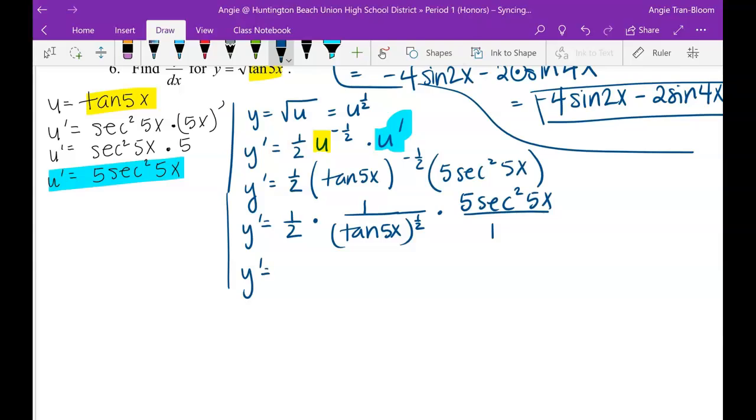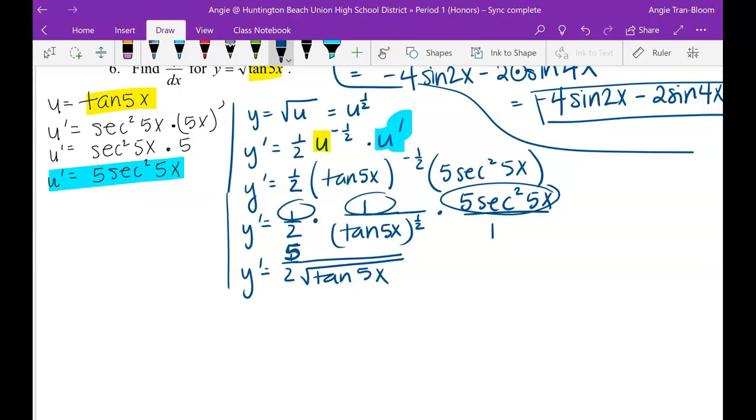So y prime is, now I can write it in radical, so here we go: square root of tangent of 5x, times 5 secant square of 5x times 1, that's just 5 on the top, so I'm just going to write 5 secant square of 5x on the top.